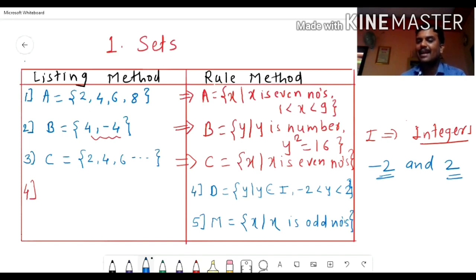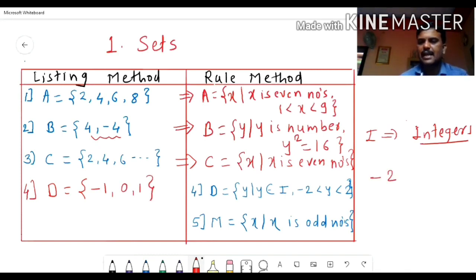So it is -1, 0, 1. So I'm going to write it now in listing method: -1, 0 and 1.